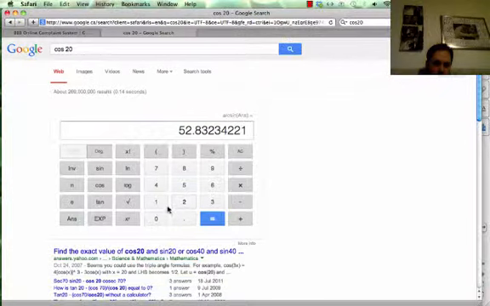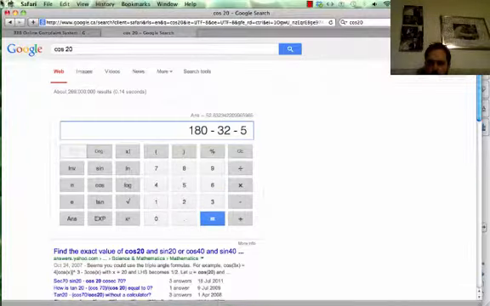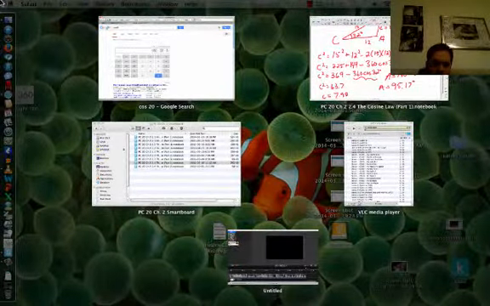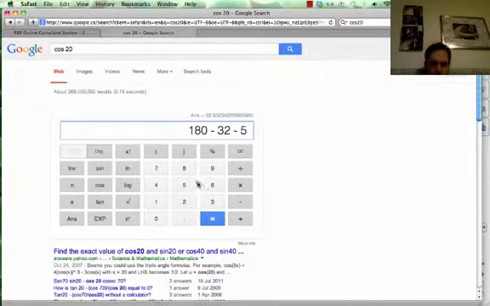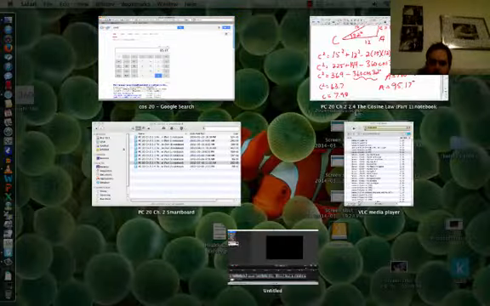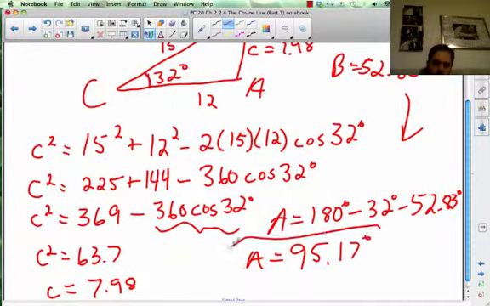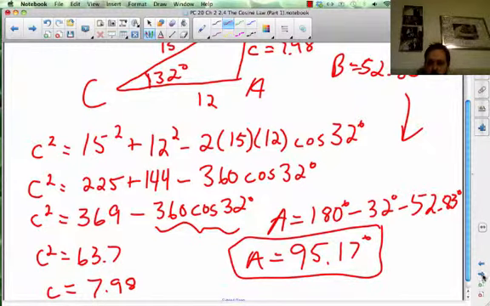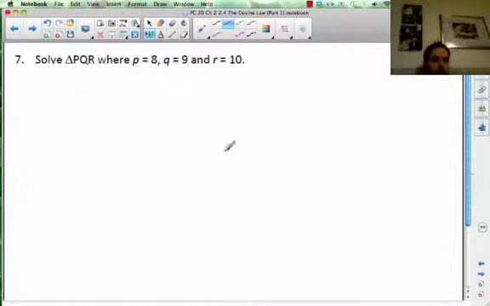So let's go double check that. 180 minus 32 minus 52.83. 95.17. Okay, what do you know? Sometimes the brain actually works.